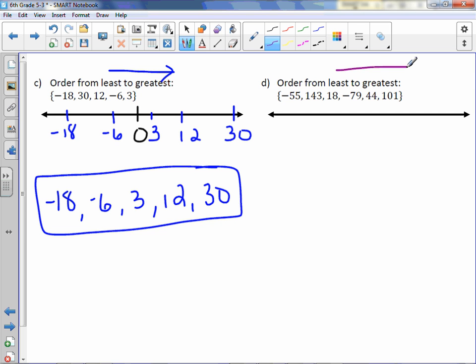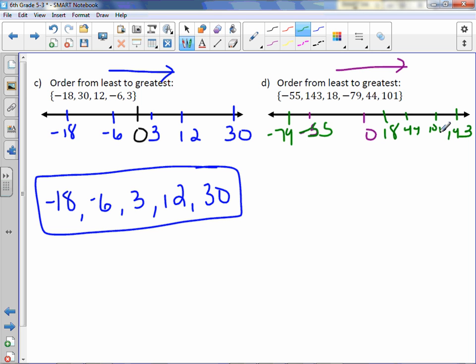Again, least to greatest. So we have our 0, negative 55. Oops, let me use a different color here. 143, 18, negative 74, 44, and 101.